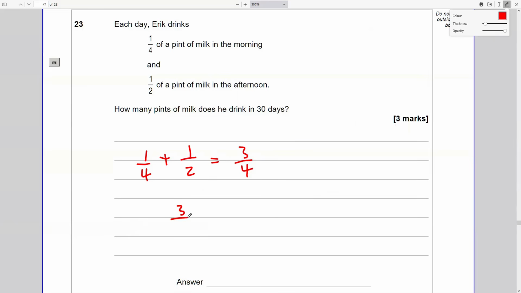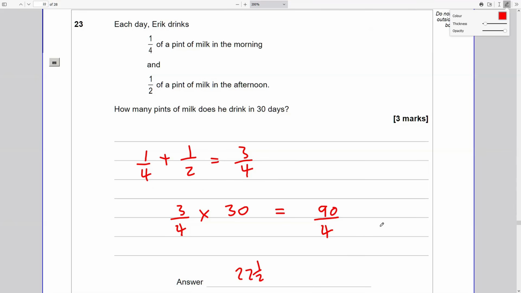So all we have to do is go 3/4 times by how many days he's done it. 3 3s are 9. Yes, so it's 90 quarters. 4's into 80 is going to be 20 pints. 88 is going to be 22 pints and a half. 22 and a half.